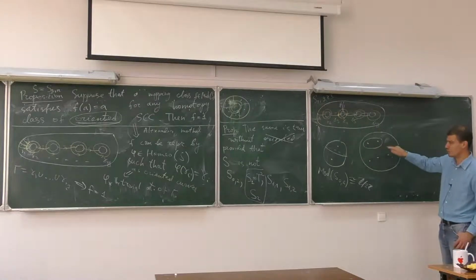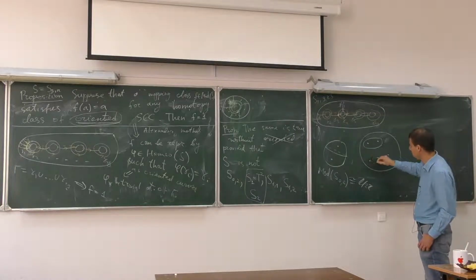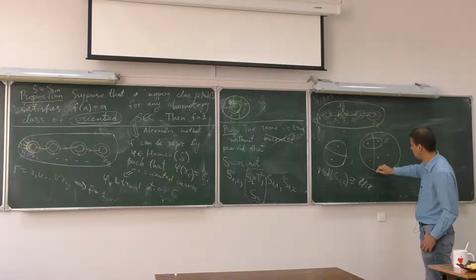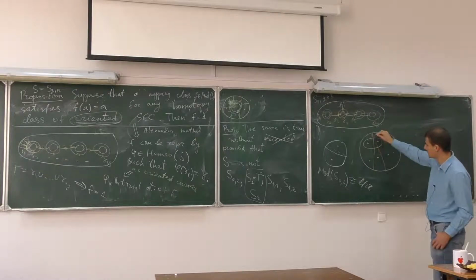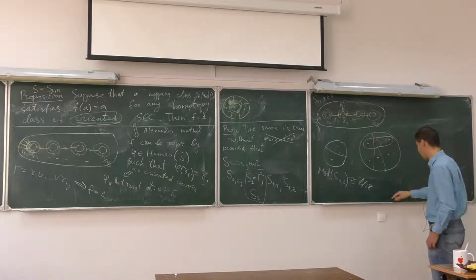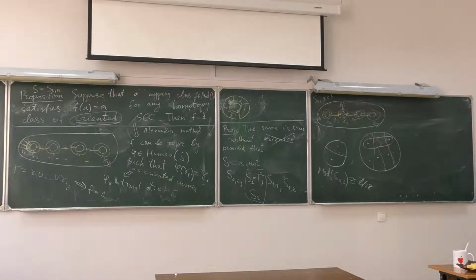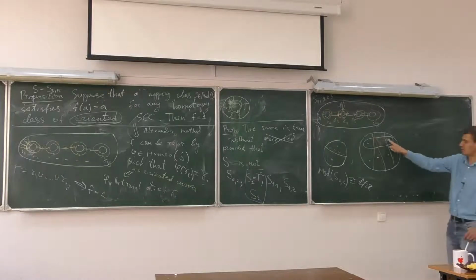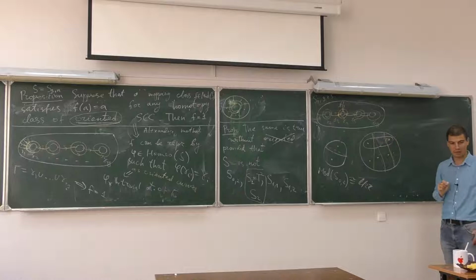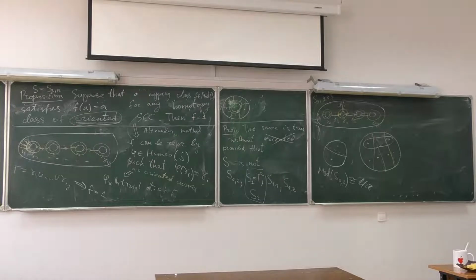We choose 2 of the punctures, we surround them by a curve, and we divide all the others in the following way. So this set of curves fills the surface.